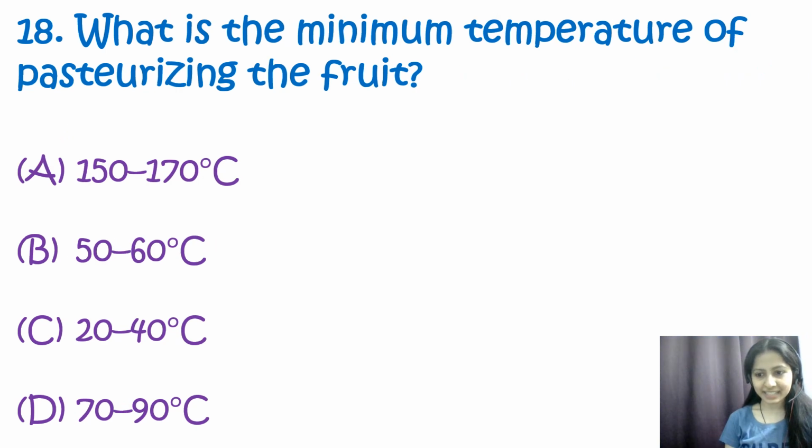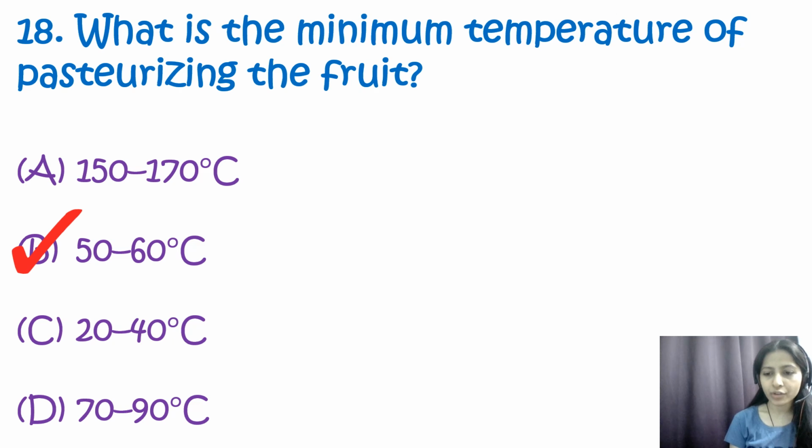So question number 18. What is the minimum temperature of pasteurizing the fruit? The options are 150 to 170 degrees Celsius, 50 to 60 degrees Celsius, 20 to 40 degrees Celsius, and 70 to 90 degrees Celsius. So over here the correct option is 50 to 60 degrees Celsius. The pasteurization of fruit juice typically involves a heating range of 68 to 70 degrees Celsius, and the time is around 30 minutes.